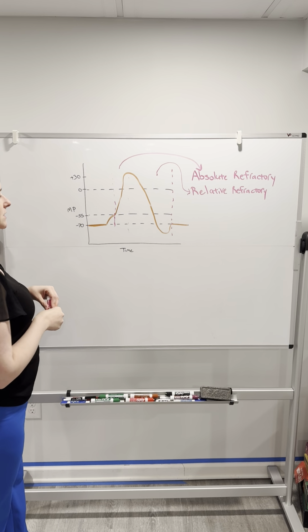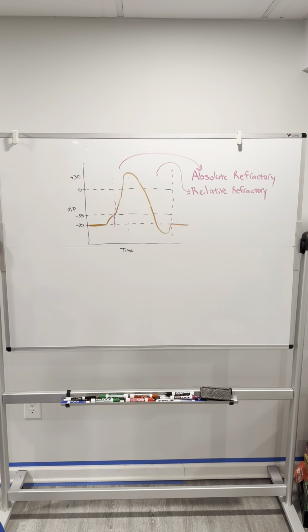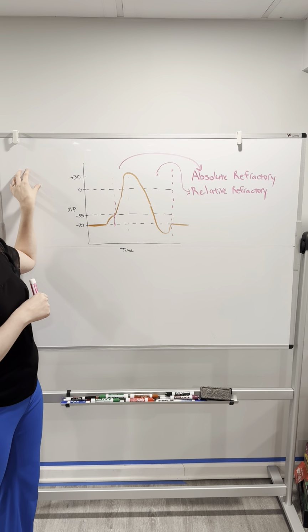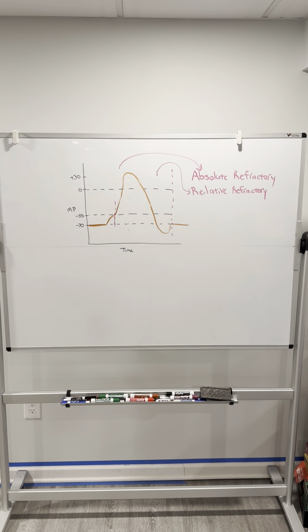Axoaxonic: the end bulbs of one neuron can communicate directly with the axon of another neuron. And axosomatic: the end bulbs of one neuron can communicate with the soma, the cell body, of another neuron. Those are three ways that neurons can communicate with each other.